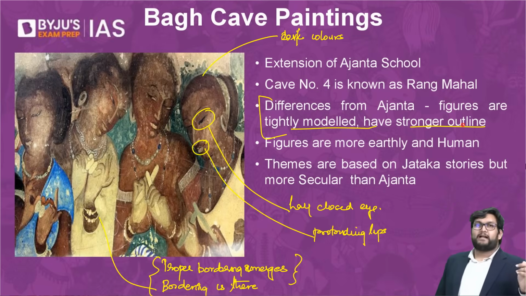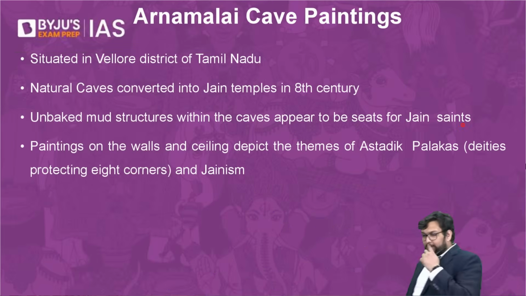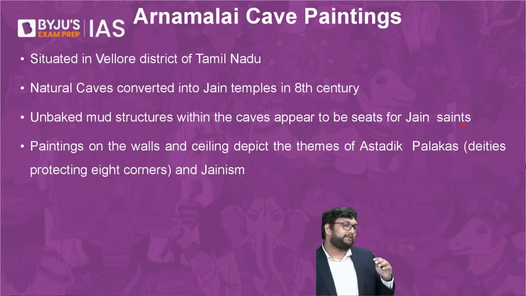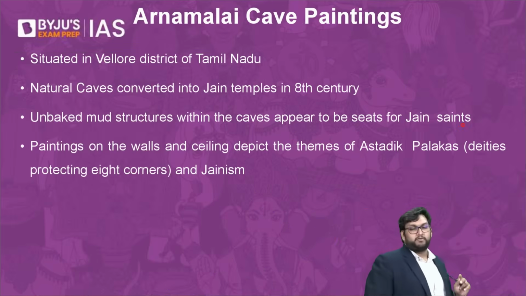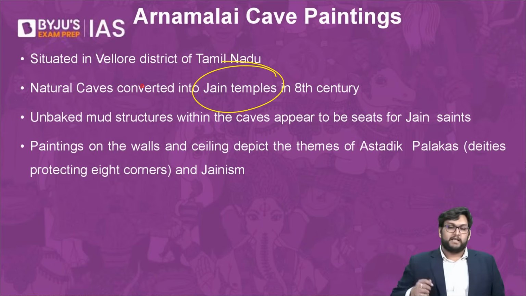Now, from Ajanta to Ellora to Bagh, if I go to the Arnamalai caves, which are in Tamil Nadu, pertaining to the Jain temples itself, unfortunately, the images are not very clear and also not available on basic channels.